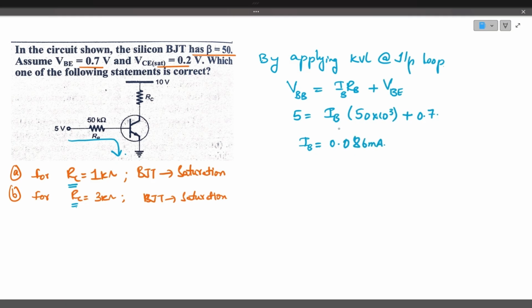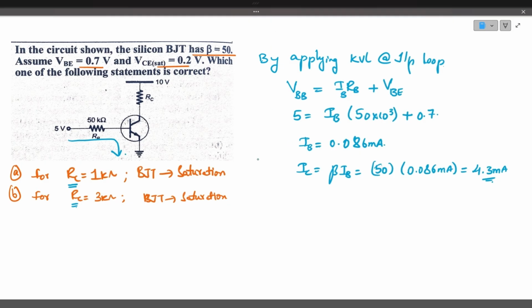Here the collector current IC is equal to beta into IB. Beta value is given as 50 and the base current is 0.086 milliamps. So the collector current is equal to 4.3 milliamps. This is the operating collector current we got.